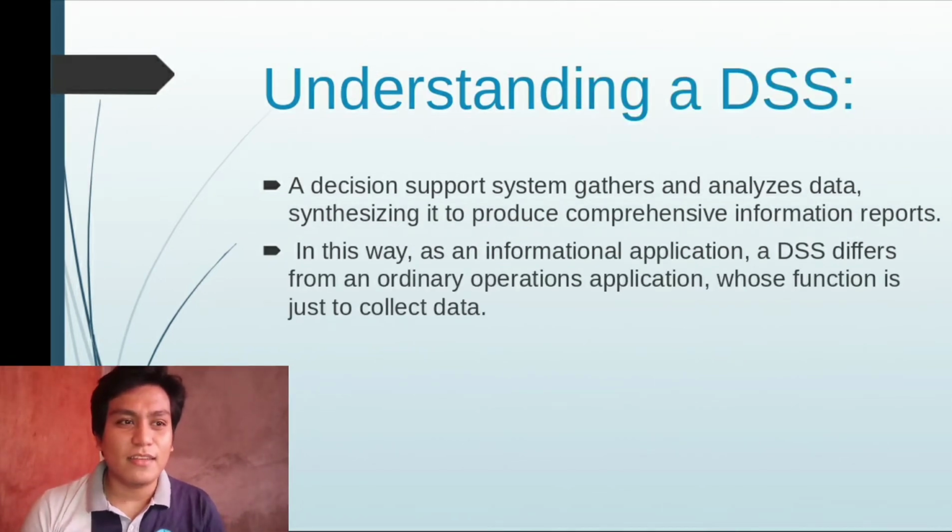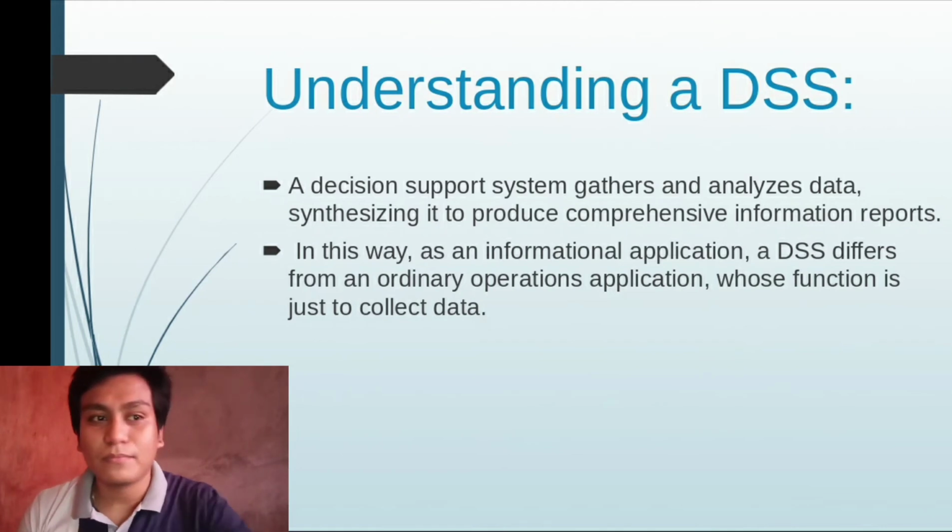Understanding a DSS. A decision support system gathers and analyzes data. Synthesizing it produces comprehensive information reports. In this way, as an informational application, a DSS differs from an ordinary operations application whose function is just to collect data.